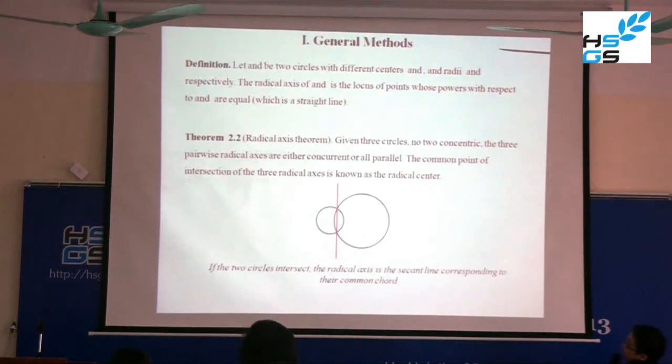Let O1 and O2 be 2 circles with different centers, and the radical axis of O1 and O2 is the locus of points whose power with respect to O1 and O2 are equal, which is a straight line and perpendicular to line O1O2.